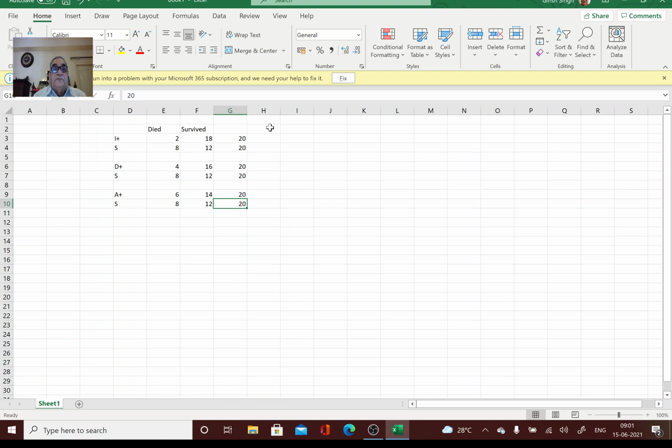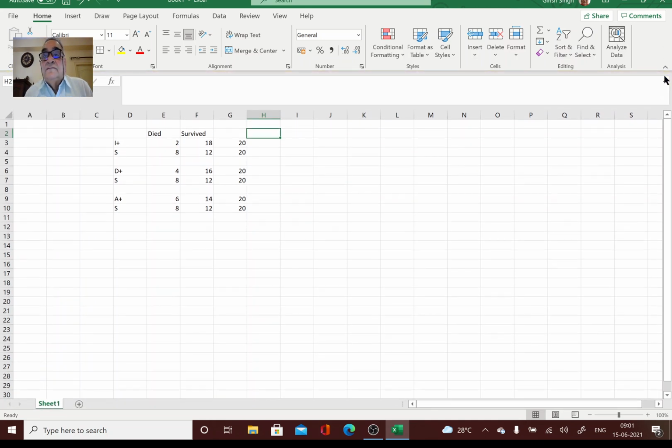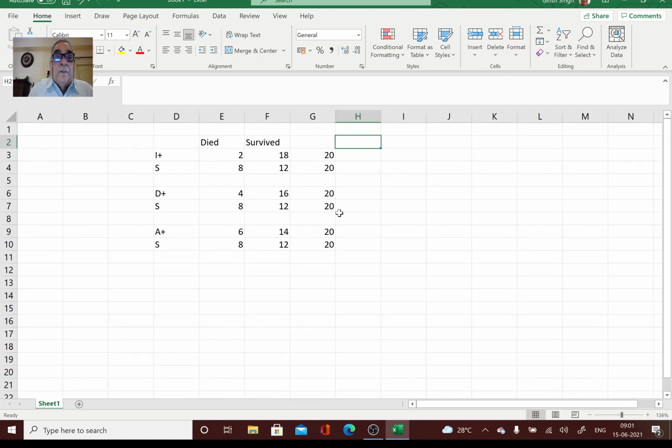So now let us calculate the risks in each of these groups, the risk of death. So here it is 2 upon 20.